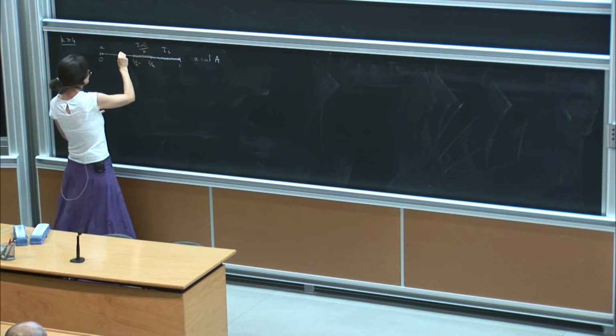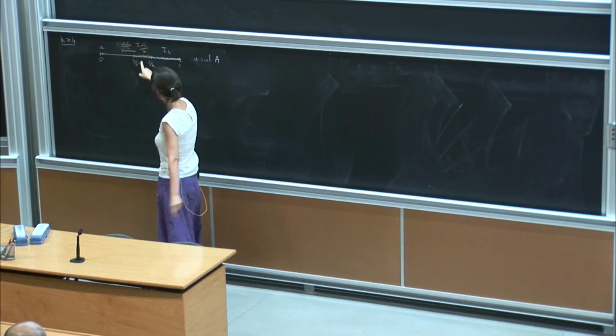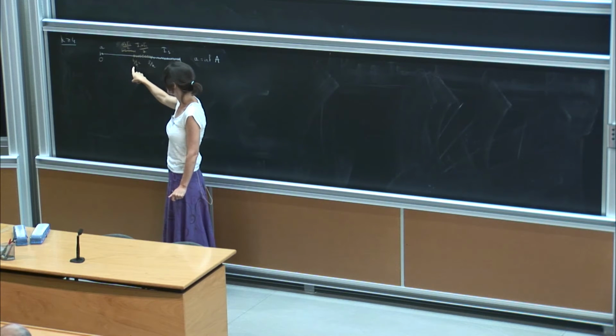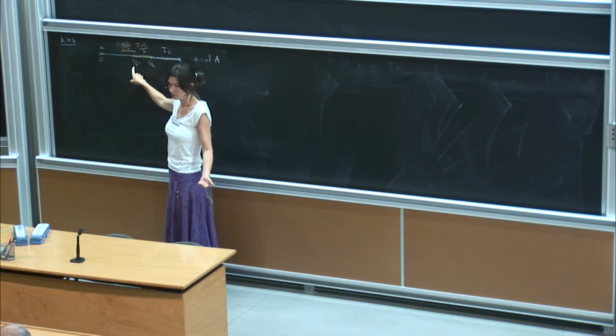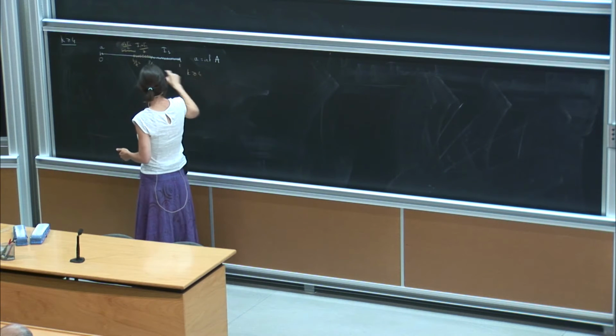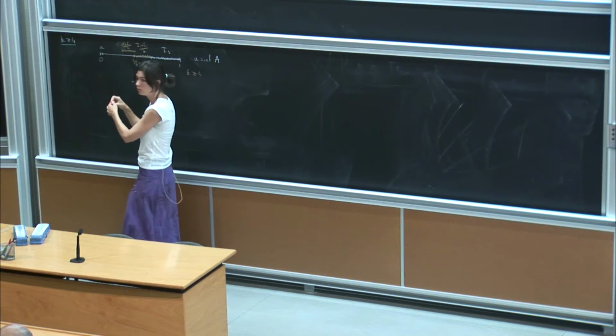And the good thing is that for k larger than 4, this point, 1 plus a over k, sorry, is larger than this one. So for k larger than 4, these two intervals overlap. And so you have nothing between the two of them.